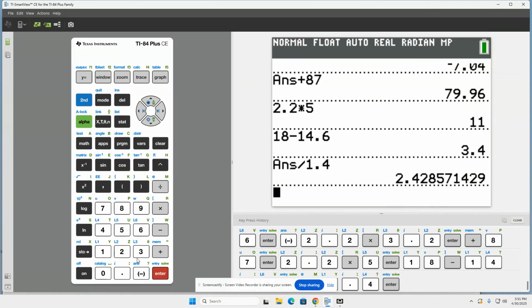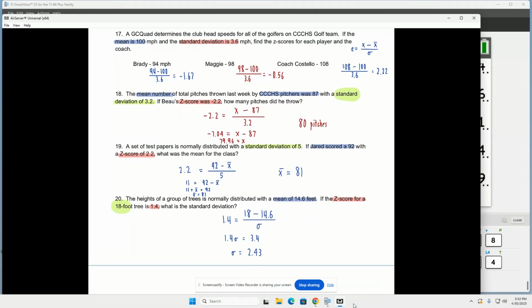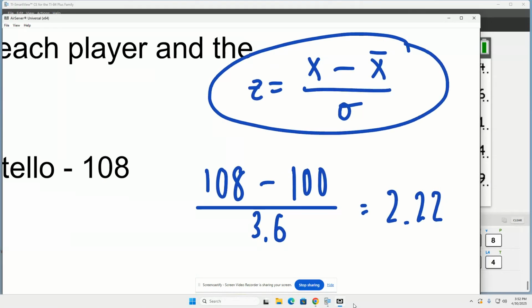And our answer is 2.43. My standard deviation is 2.43. And that's it. Okay? That's really quite simple if you know how to use this formula. We'll discuss whether I give you guys that on your test. But there it is. Okay?